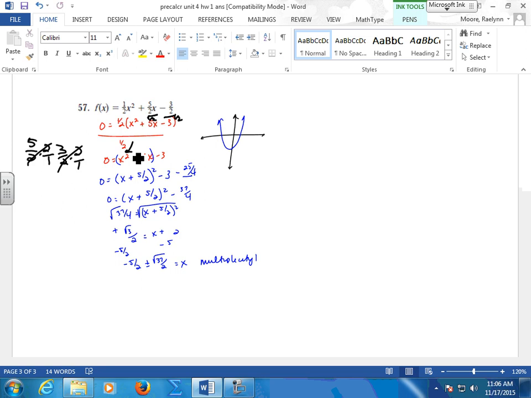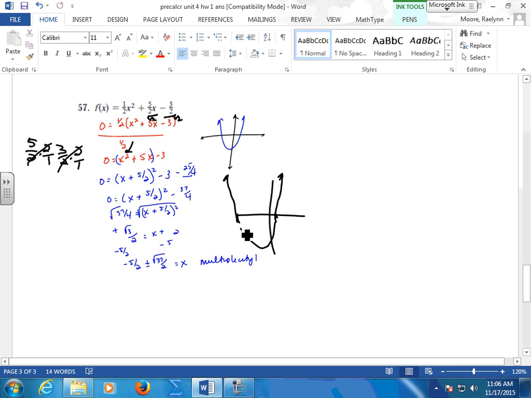So what is 6 divided by 2? 3. So I got negative 2.5 plus 3. Oh, that puts me right over to the other side right here. And I got negative 2.5 minus 3. Puts me over here somewhere. My ends are behaving up. And somewhere, I'm making a turn. I can graph these without a calculator.